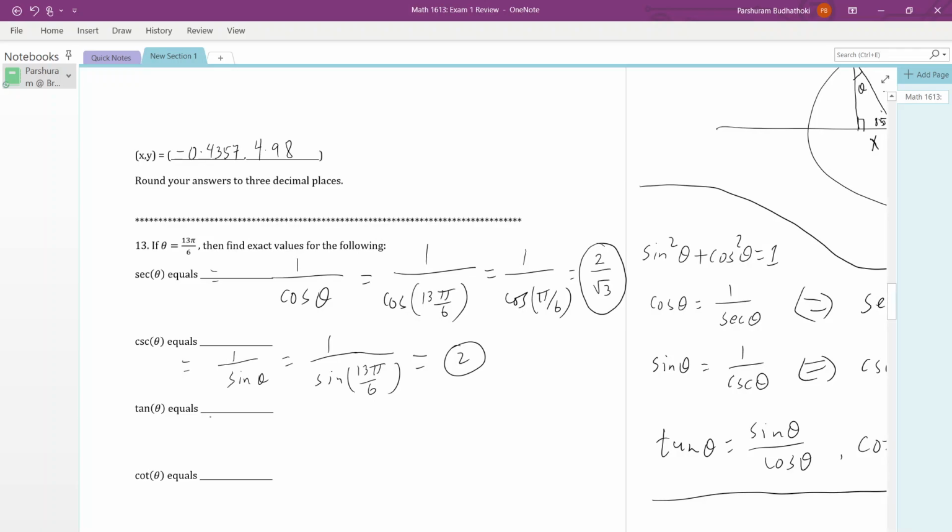So tan theta means sine theta over cosine theta. You can use the calculator here: sine 13 pi over 6 over cosine 13 pi over 6. Sine theta is 1 over 2, and then 2 over square root of 3, so basically it's 1 over square root of 3.